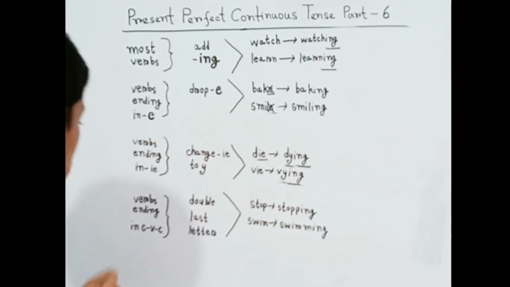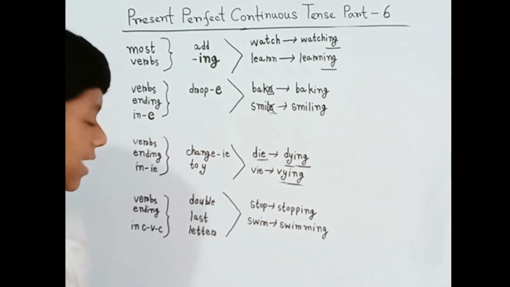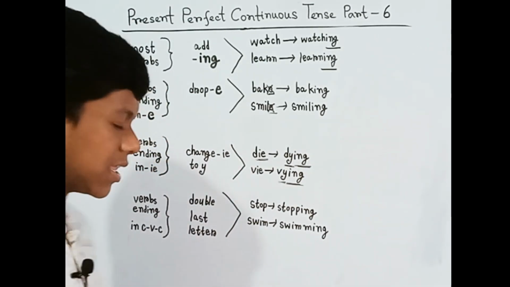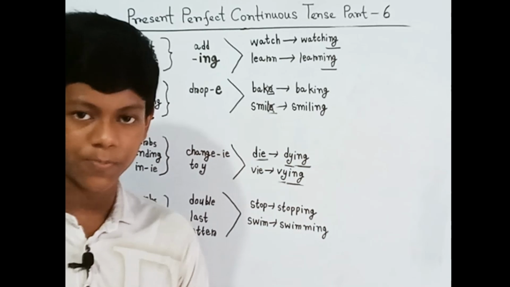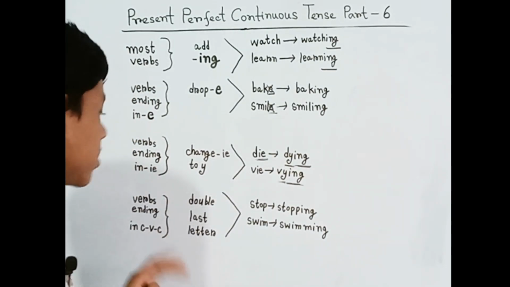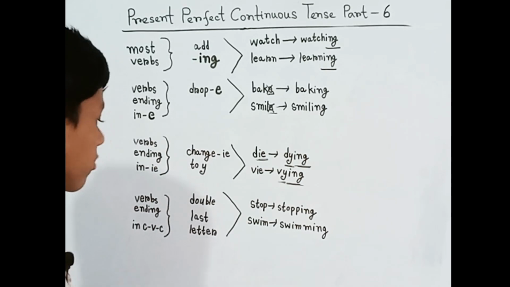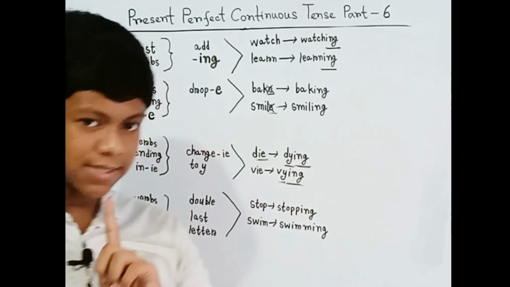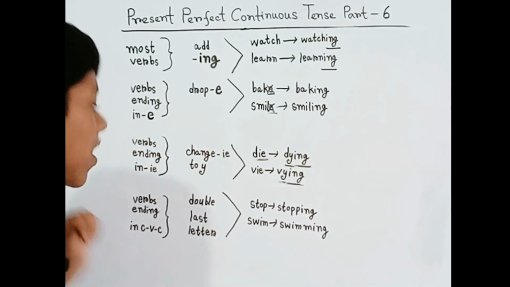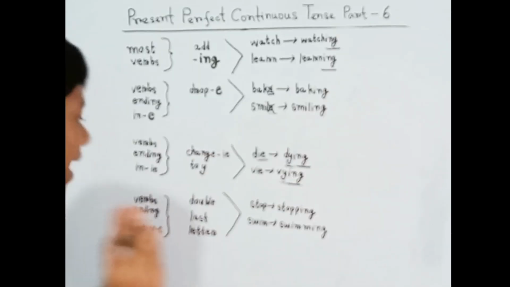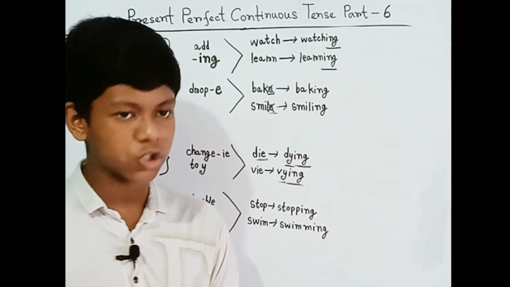The next, when the verbs end in CVC pattern. But what does it mean? CVC pattern stands for consonant, vowel, consonant. If the verb follows this structure, then the last letter will be doubled.